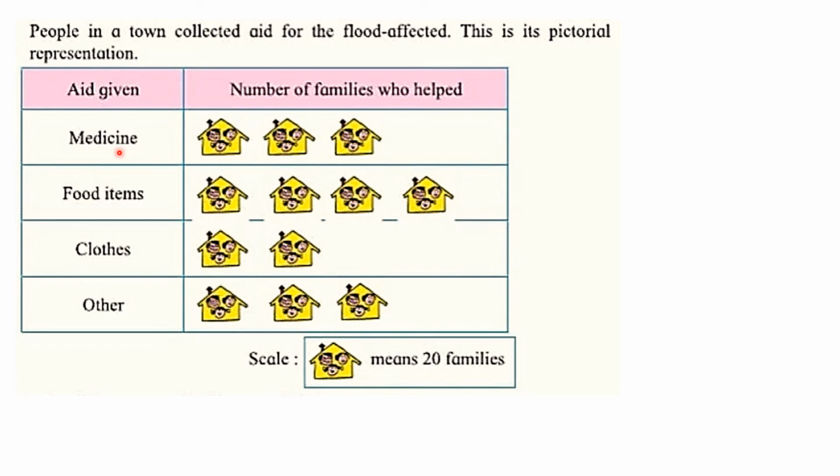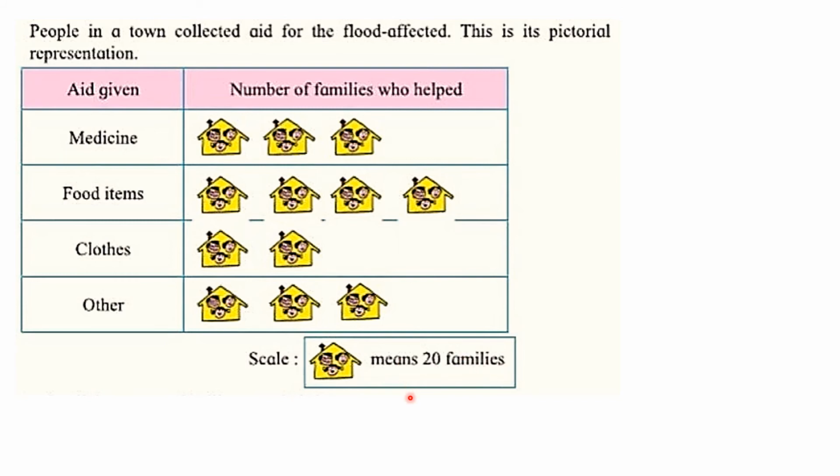So for medicine, 3 pictures are given. For food item, 4 pictures are given. For clothes, 2 pictures are given and others 3 pictures are given. Below it, scale is given and scale is 1 picture means 20 families.